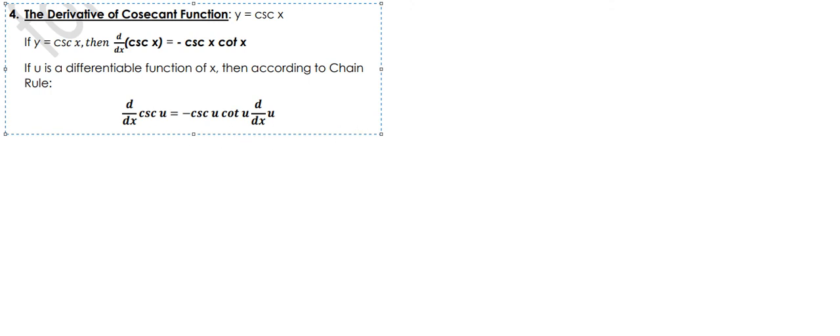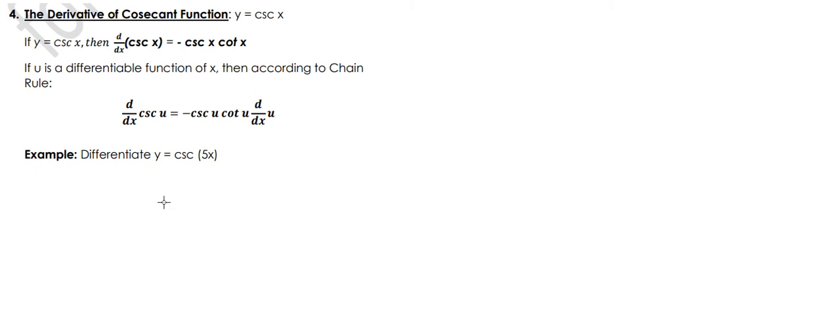Alright, so let's have an example. Let's differentiate y equals cosecant 5x. So again, our u here is 5x. Now, let's have our du, which is just 5. And let's proceed to the formula.